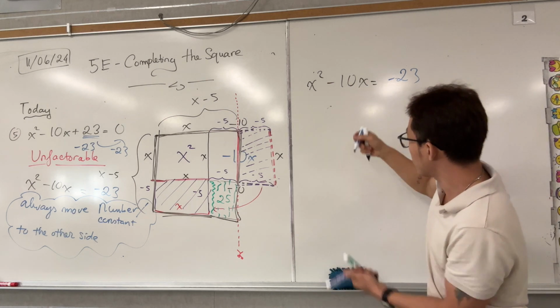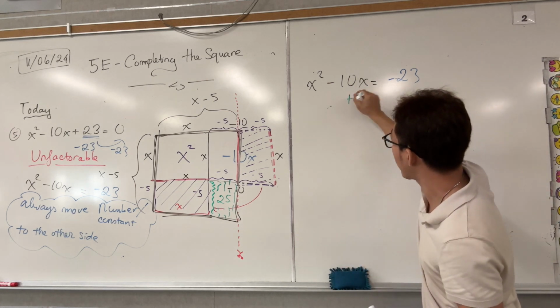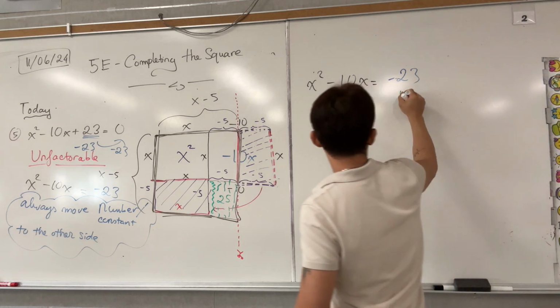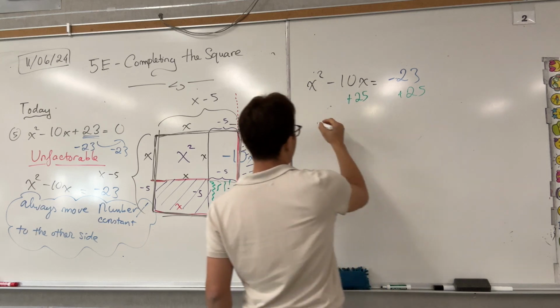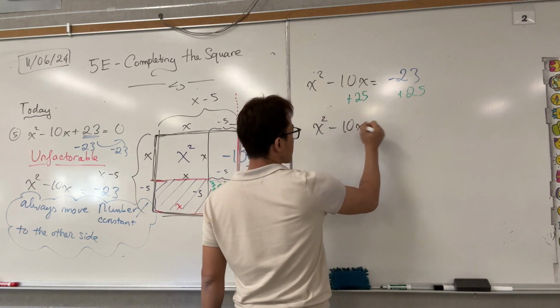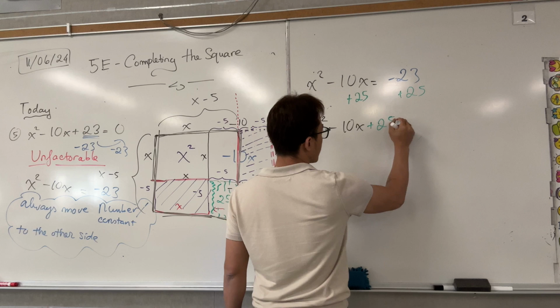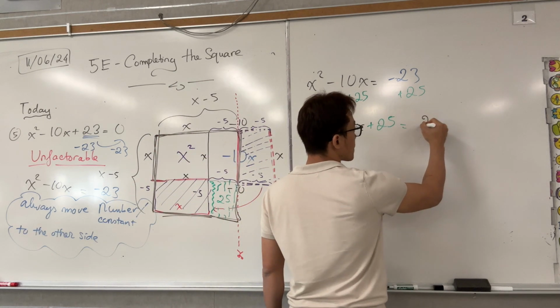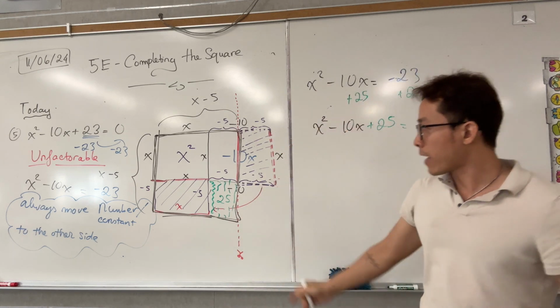But when you add 25 on one side, what do you do to the other side? You need to do the same thing. So you need to add 25 to both sides. So what do you have? X squared minus 10x plus 25. What is negative 23 plus 25? 2.